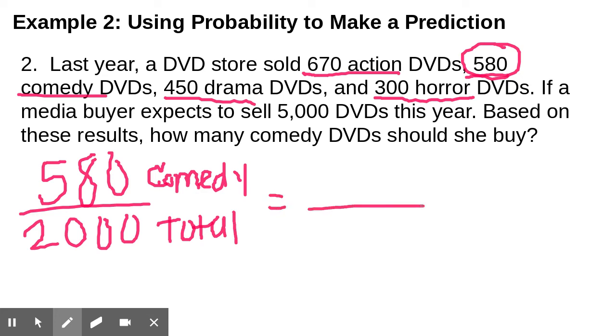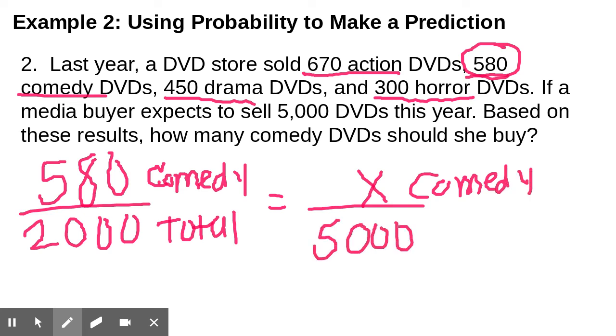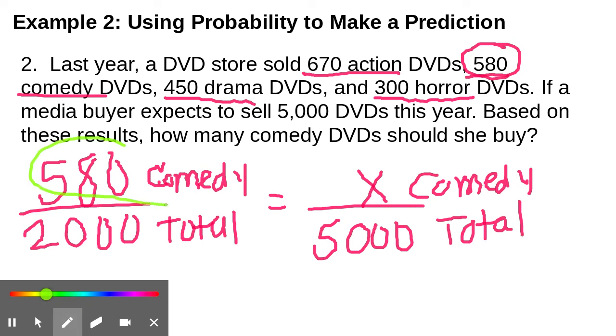So 580 comedy DVDs out of the total number of DVDs. But we want to know how many comedy DVDs she should buy if we have a total of 5,000 DVDs. All right, so we're using probability to make a prediction. In order to make a prediction, we are using a proportion. So we're going to cross multiply again.